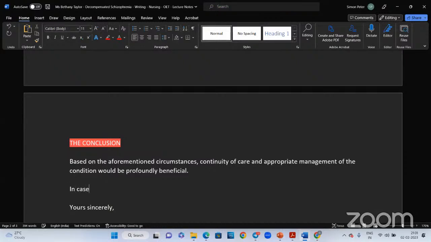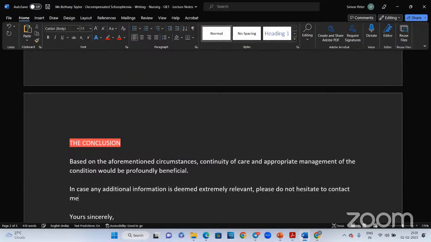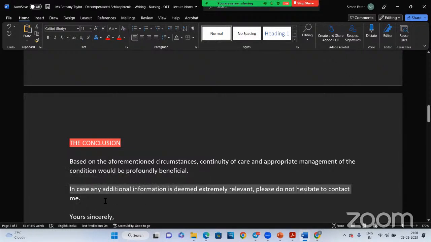In case any additional information is deemed extremely relevant, please do not hesitate to contact me. So many people think that this is the last paragraph and this is the conclusion. No, these two together are the conclusion.